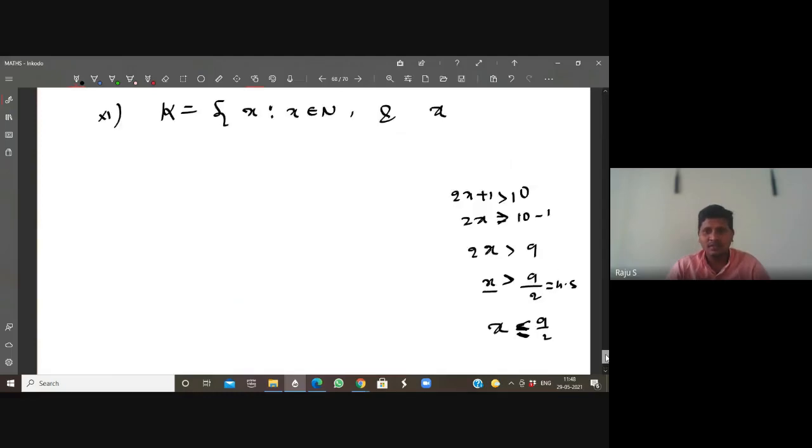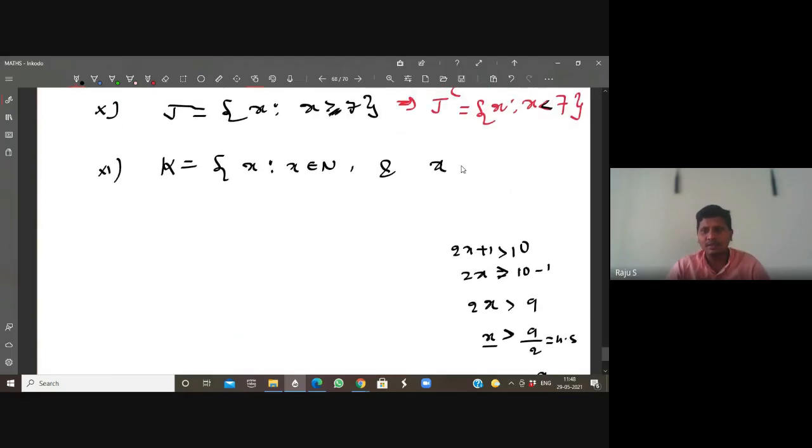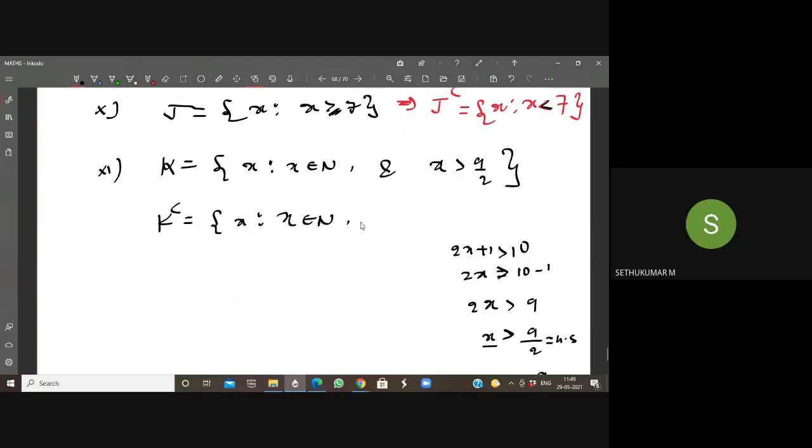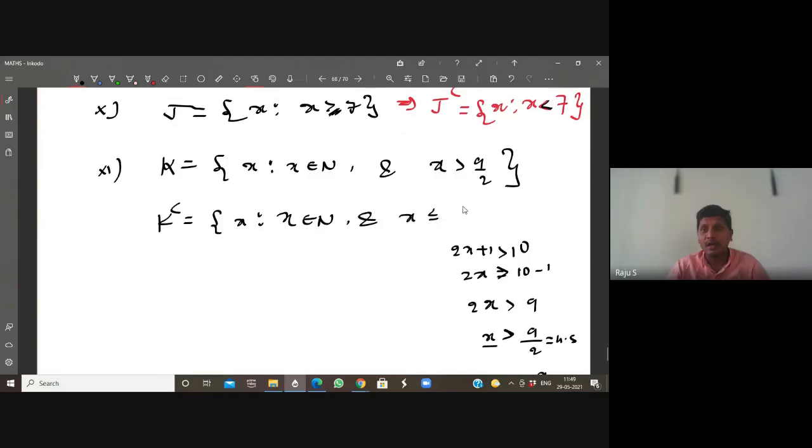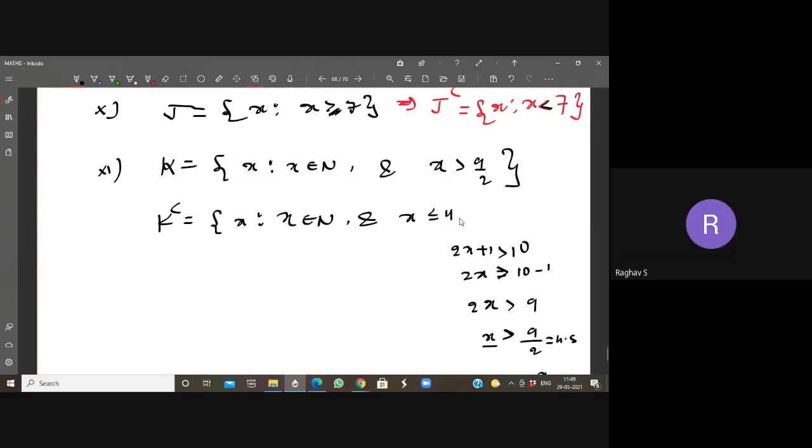Is it clear, students? So x greater than 9 by 2 is the given set. Its complement is x such that x is not greater than 9 by 2.